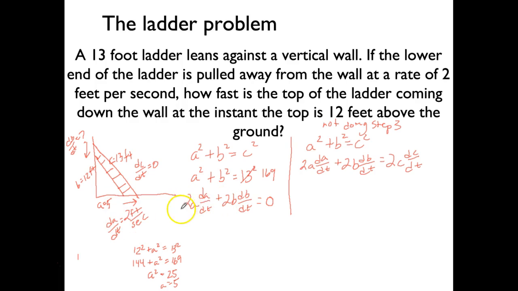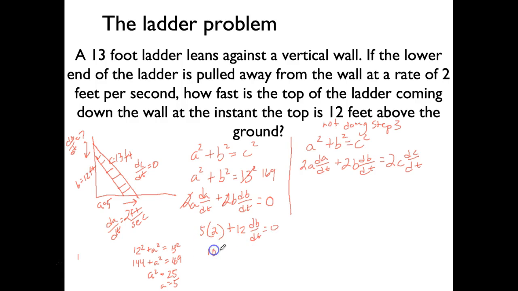Okay, and also you can get rid of those 2's if you want to, because you can divide by them onto the other side, just like I showed you guys yesterday. So we're just going to have A is 5, dA over dt is 2, plus, my 2's gone, B is 12. The change in B is what I'm looking for, so I will just leave it as dB over dt equals 0.